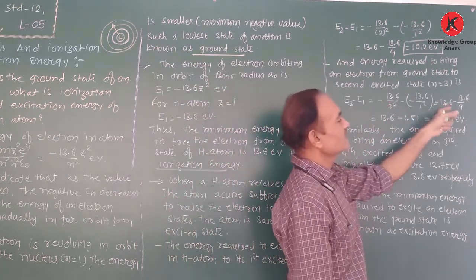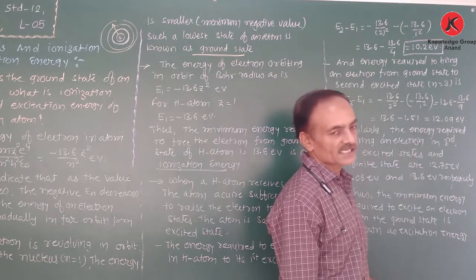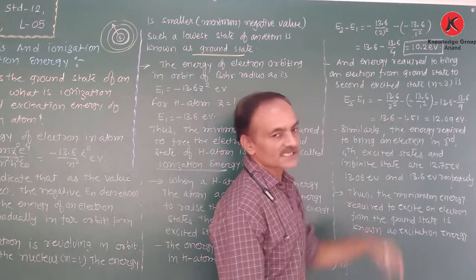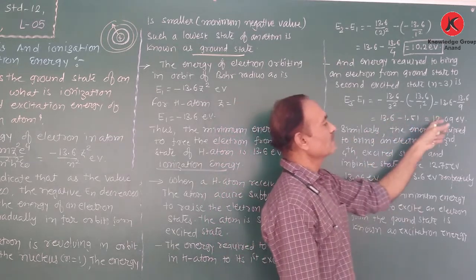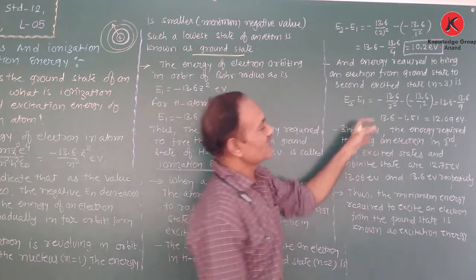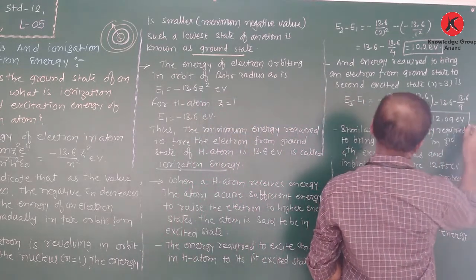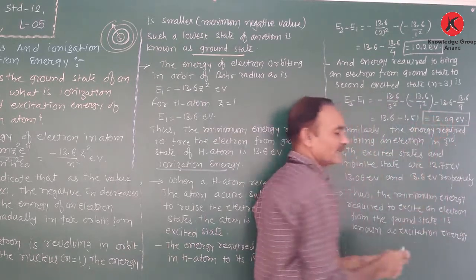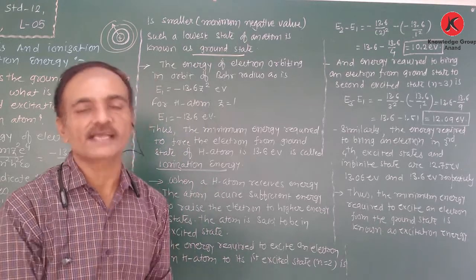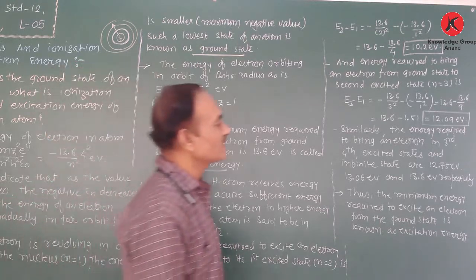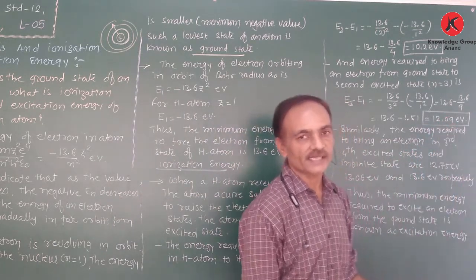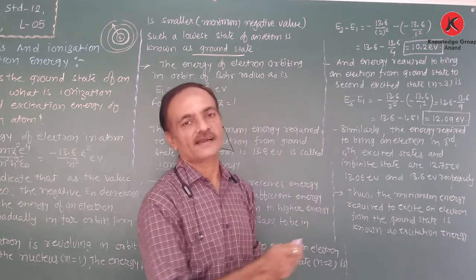So 13.6 minus 13.6 by 9, then 13.6 minus 1.51 is equal to 12.09 electron volt. So that is the energy required to make the transition of an electron from the ground state to the second excited state. That means when we give 12.09 electron volt of energy to the electron in the ground state, the electron reaches the second excited state.